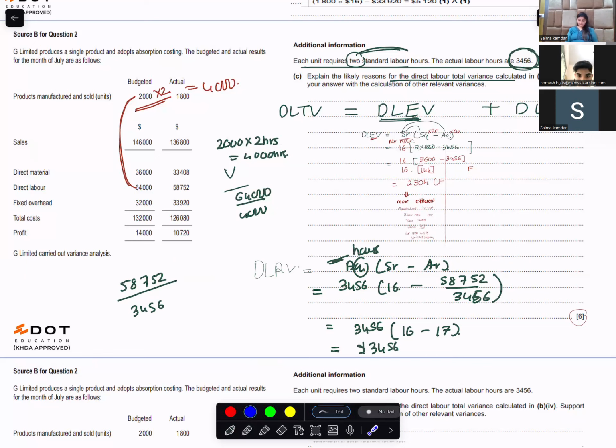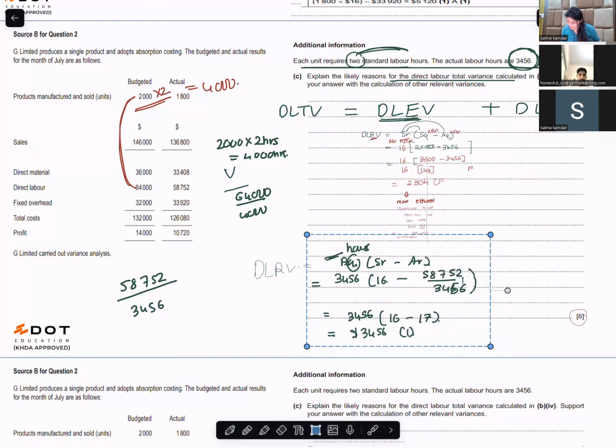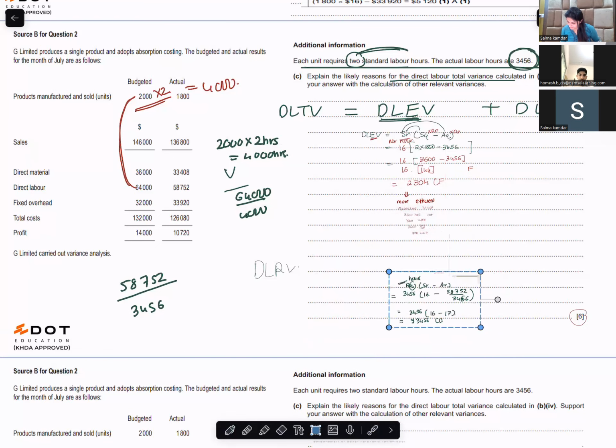You expected to pay how much? 16. But you paid 17. So it is adverse, $1 adverse. So the direct labor rate variance is 3,456 adverse.